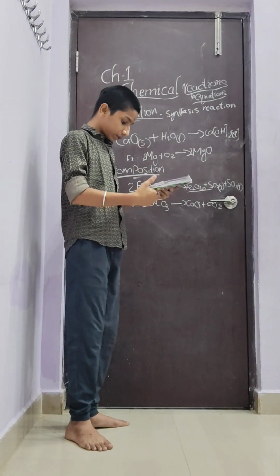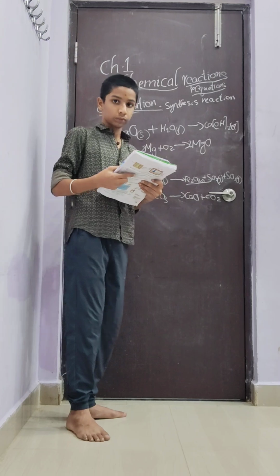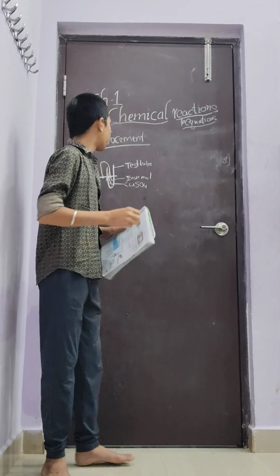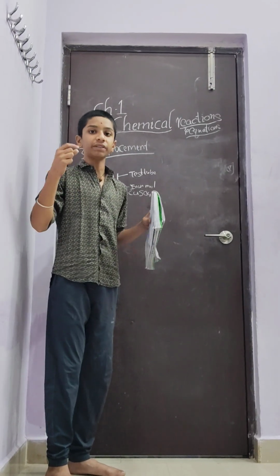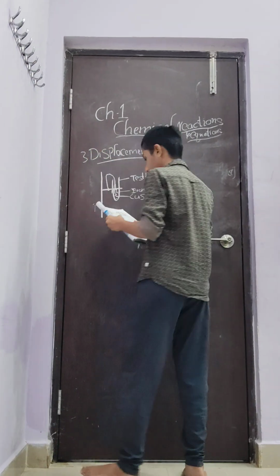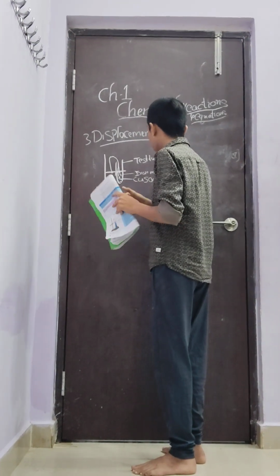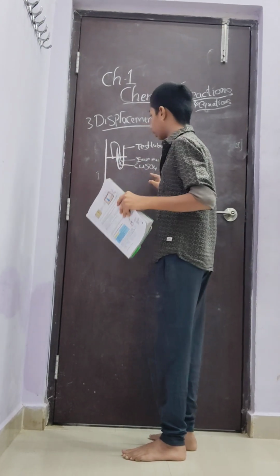And next, displacement reaction. The third type of reaction is displacement reaction. What is a displacement reaction? A more reactive element replaces a less reactive element. Like in the activity, take a test tube with iron nails and copper sulfate solution.